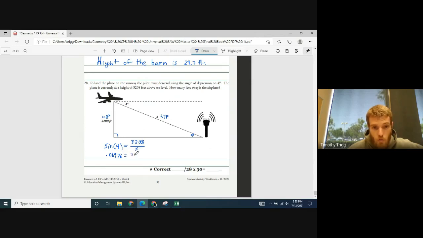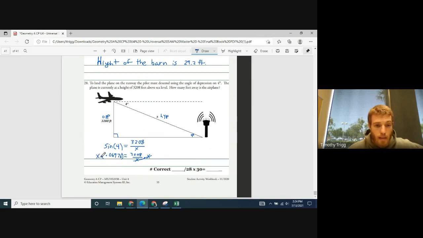So 3,208 over x. Now, if I want to cancel a fraction, what you always do is multiply by the denominator. So in this case, we'll multiply both sides by x. When x is in the denominator, just make sure you multiply by that x there.